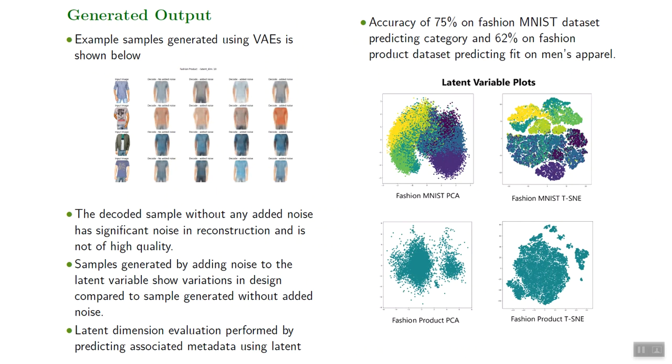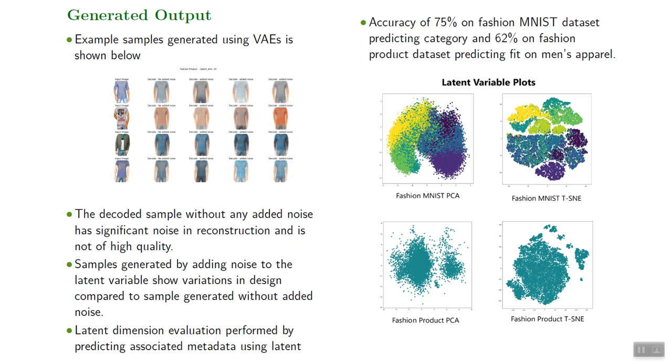And then I tried to understand the latent variables that are generated by doing some simple clustering and predictive modeling based on them. As you can see over here, I tried two different datasets, the fashion MNIST dataset and the fashion product dataset.